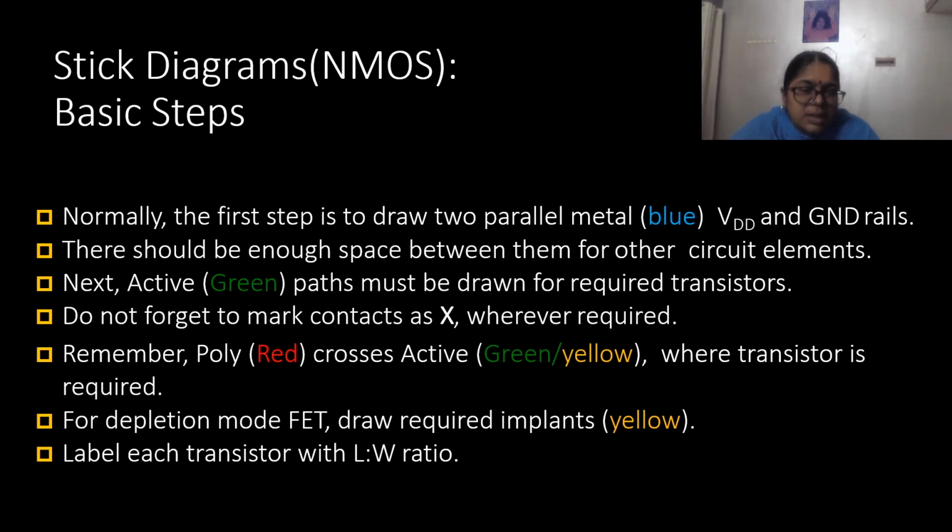So whenever NMOS circuitry is going to be drawn, first you draw two parallel layers of metal having space in between them, and then you connect the metals using the N diffusion, and then wherever a transistor needs to be used, polysilicon has to be used to cross the green layer, that is the N diffusion, and wherever contacts need to be made, we have to properly indicate them using a cross sign or black dot.